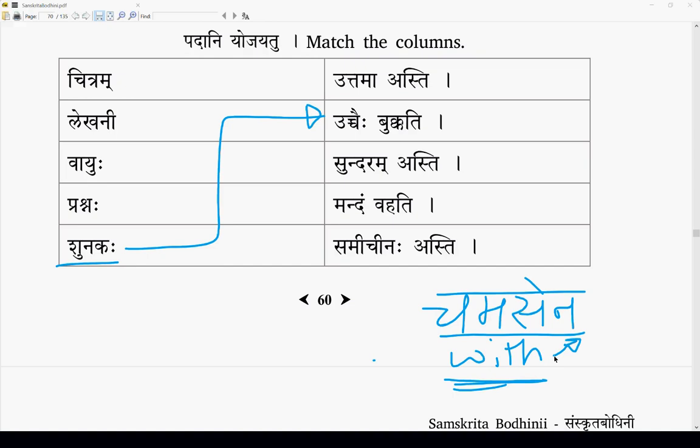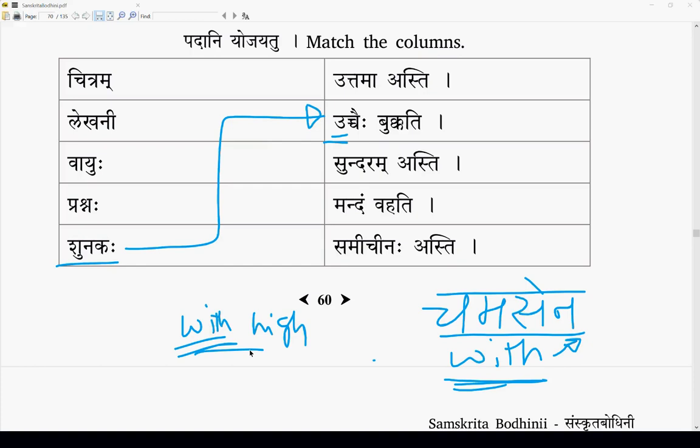Now here, Shunakaha uchchaihi bukkati, the meaning becomes with high note, with high volume. It barks. So here also 'with' is coming. So here tritiya looks appropriate, but it is actually an avyayam. Though in our mind it comes like uchchaihi means tritiya because it is 'with', it is appropriate.